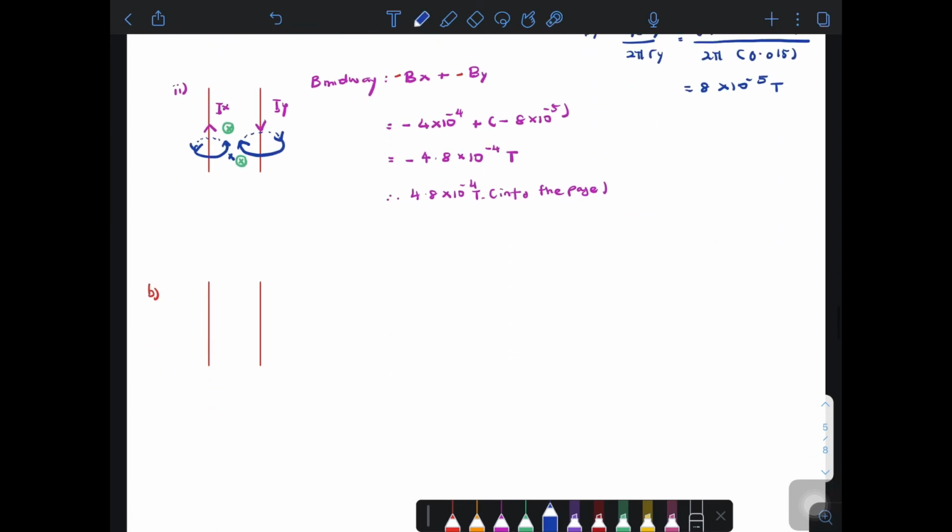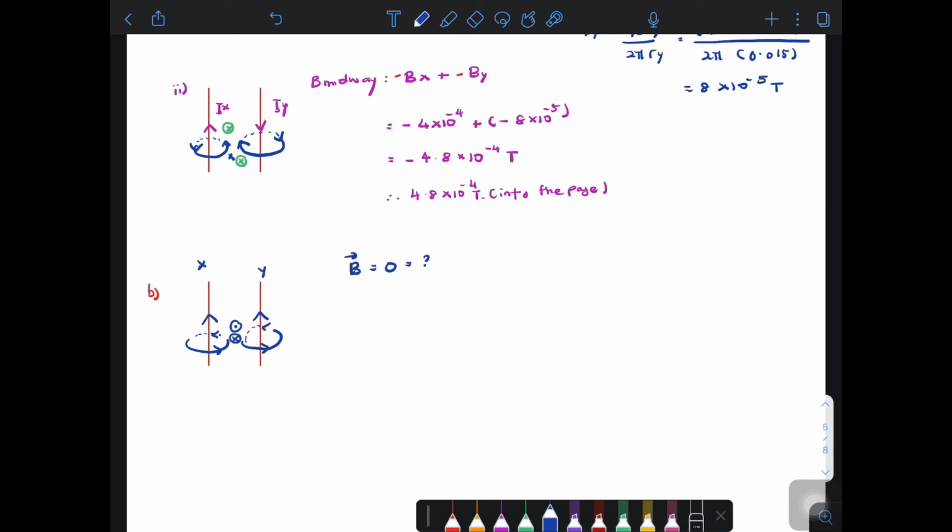Okay, so konsep dia B equals to 0 dekat mana. Okay, so dia kata both in the same direction. So kita tahu X dan Y di sini kalau same direction, B kita satu into the page, satu lagi out of the page.